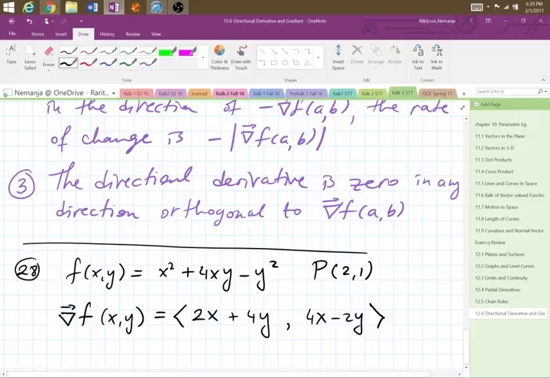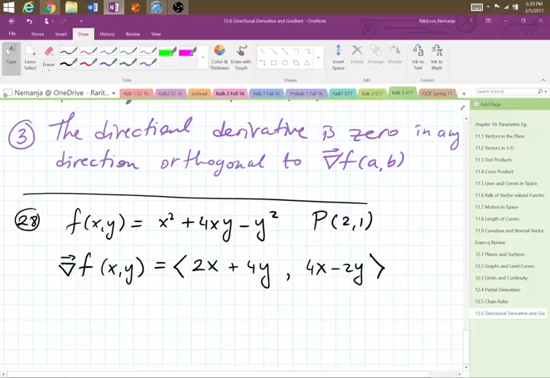Do we all have the same gradient vector? Okay, so now we compute that at the given point, which is (2, 1). So that's 4 plus 4 is 8, and 0, right?